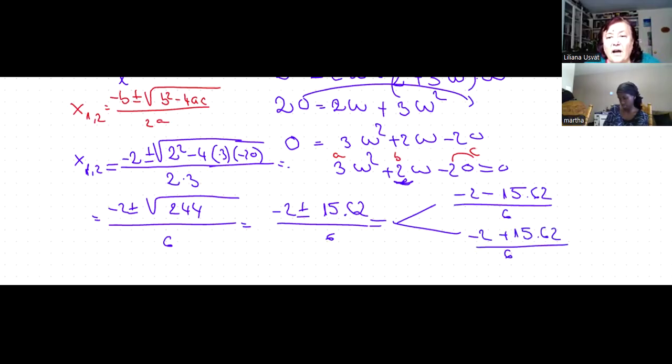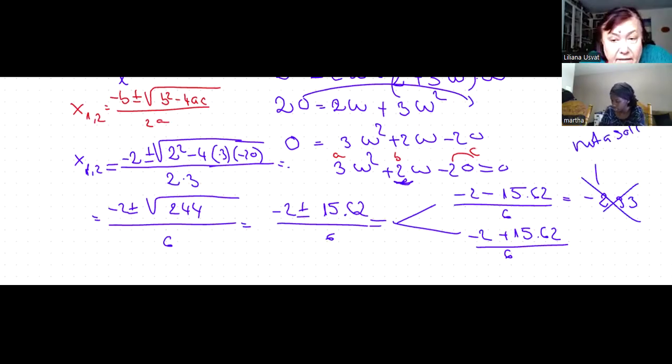This is a negative value. We cannot have a length having a negative value. So this, minus 2.93, is not a solution, because length cannot be negative.